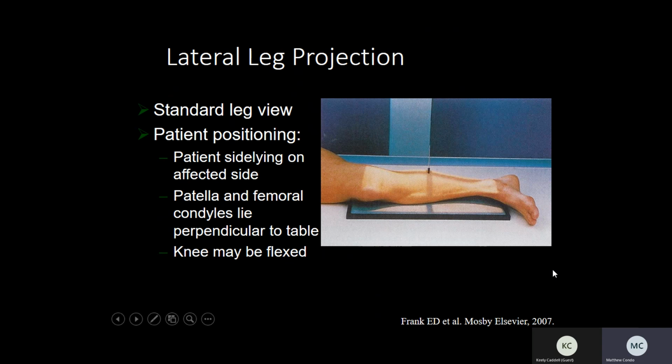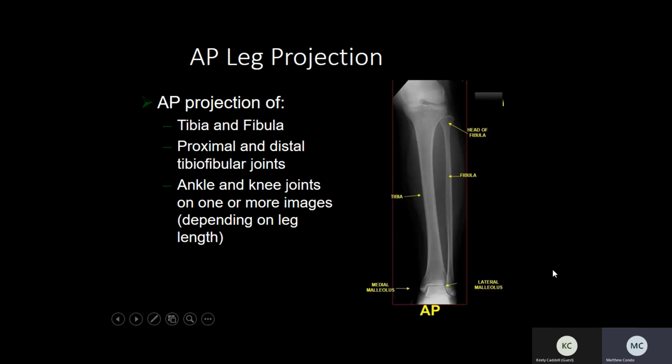This is typically how the lateral projection is going to be taken. Now notice what you see here. The lateral projection, even though it's called lateral projection, is going to be shot from medial to lateral. Okay? So my medial structures are going to appear, quote, on top of my lateral structures. That's going to be another key piece of information, because I want you to think about, I'm going to slide back one slide here.